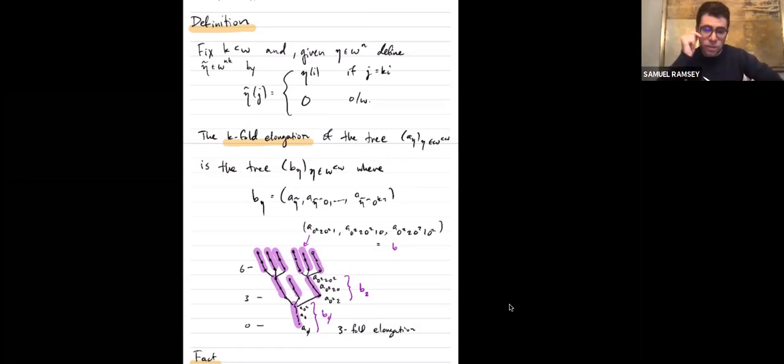So let's look at this picture. I drew a picture of the threefold elongation of a tree. Okay, if I start with the empty node, what is its length? It's 0. So 0 tilde should be the empty node as well. So what is the threefold elongation of the tree going to give me at level 0?